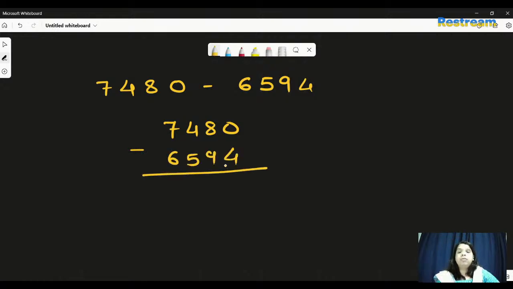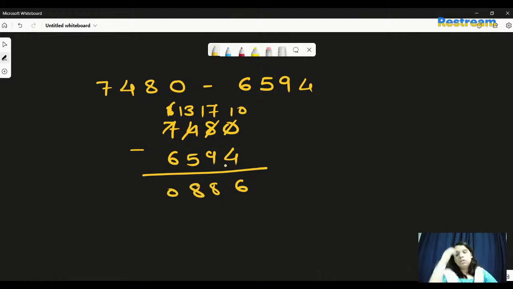We don't have anything here, so we are going to make this a 10 and make this a 7. So 10 minus 4 is 6. Now we are going to borrow a 1 from here and make this 17. 17 minus 9 is 8. We borrow 1 from here and make it 6, and 13 minus 5 is again 8. And 6 minus 6 is 0.